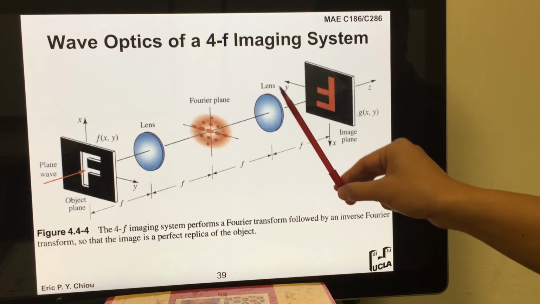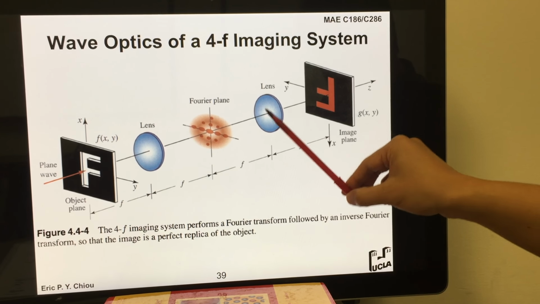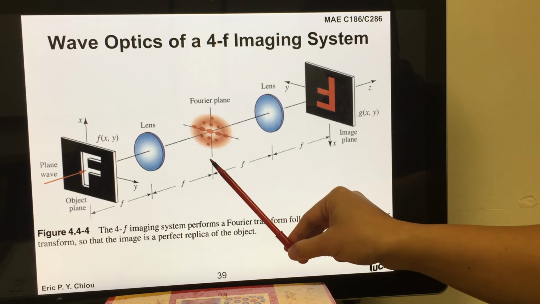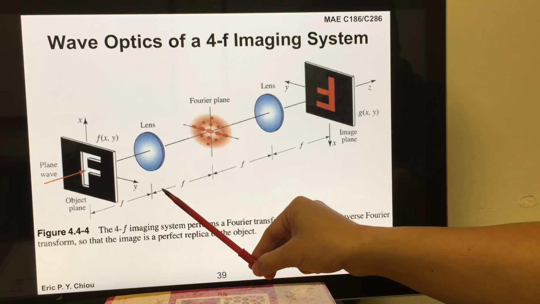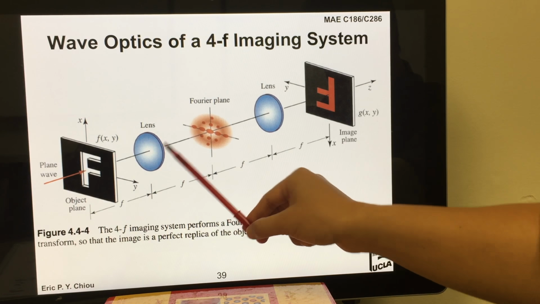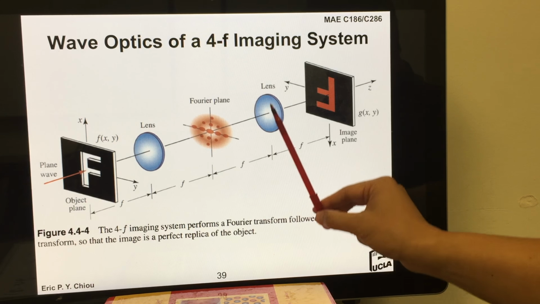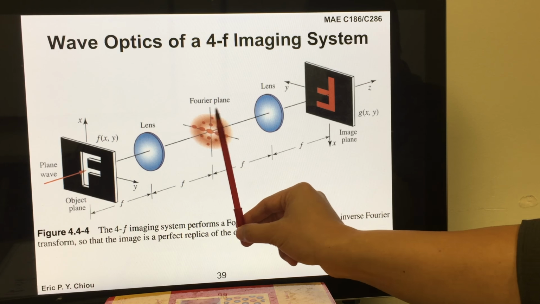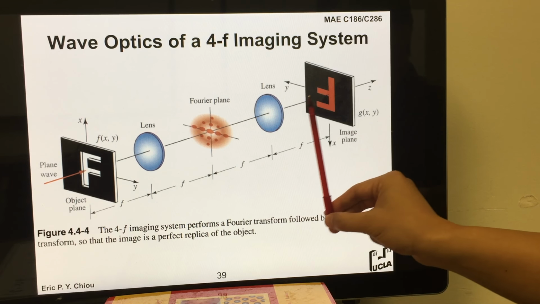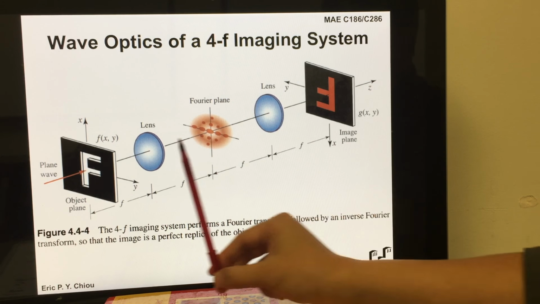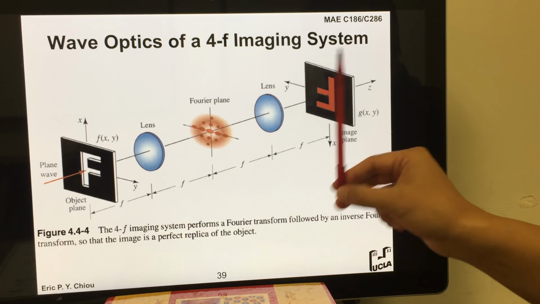And then let's say you put another lens here, and this Fourier plane, or the focal plane of the first lens, is positioned at the front focal plane of the second lens. You are doing another Fourier transform, okay? So you're doing two Fourier transforms.